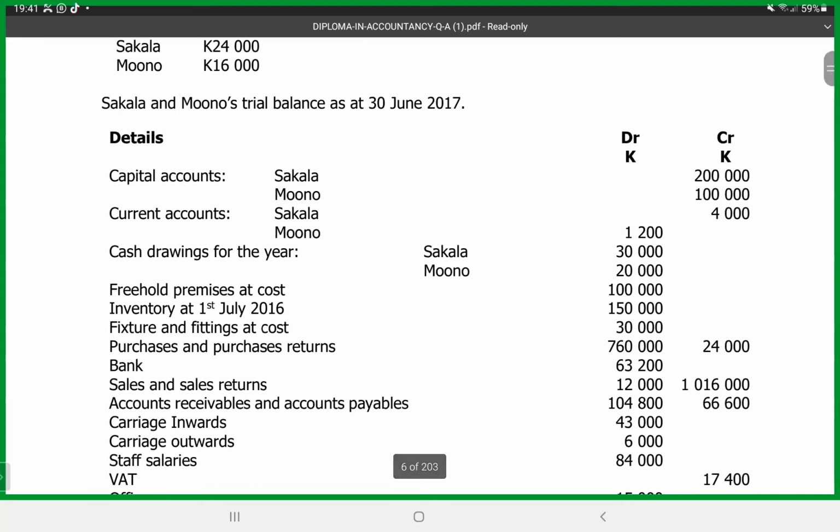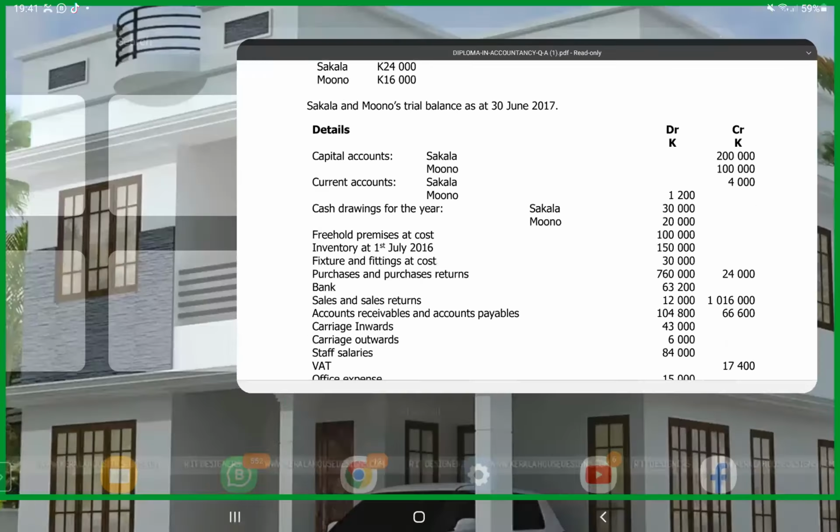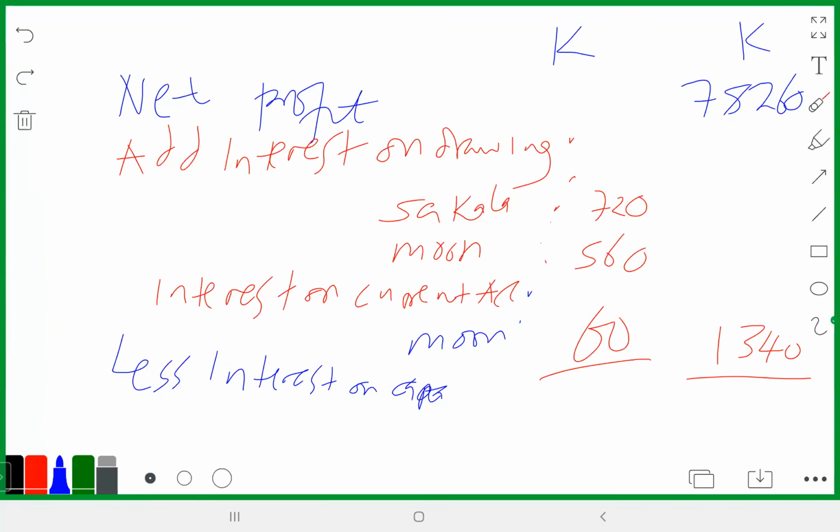That should give us the interest on capital for Mono. Interest on capital for Mono, it's 5% of 100,000, which is 5,000. It is 5,000 for Mono.